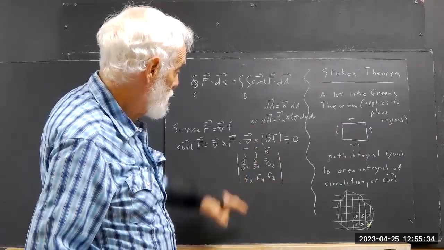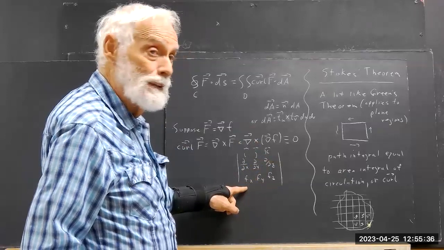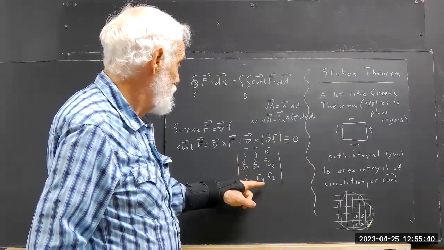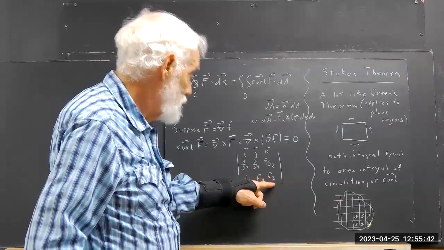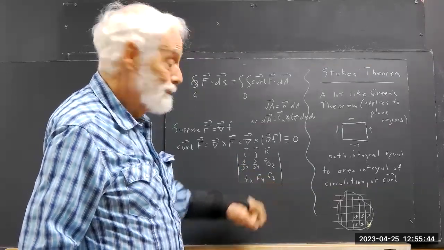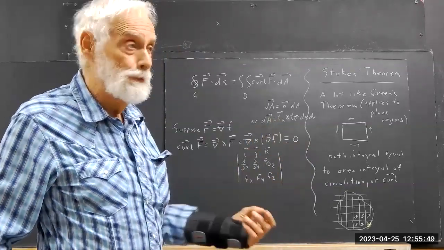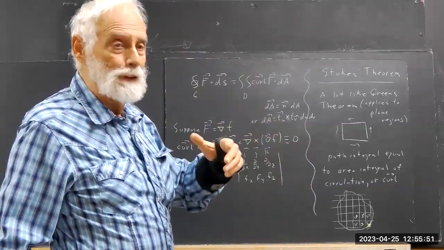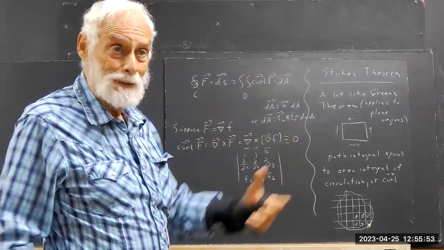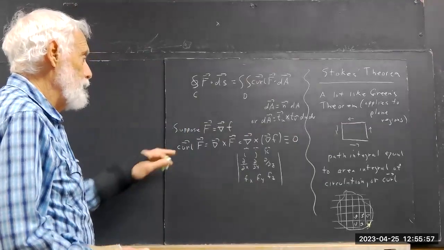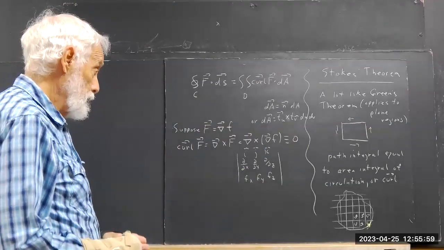For the j component, you're going to have f_xz minus f_zx. If you just write it out, you see it's got to be zero. Just know that f_xz is equal to f_zx. The order of differentiation makes no difference. So that's very easy to prove, very easy to see, very easy to understand.